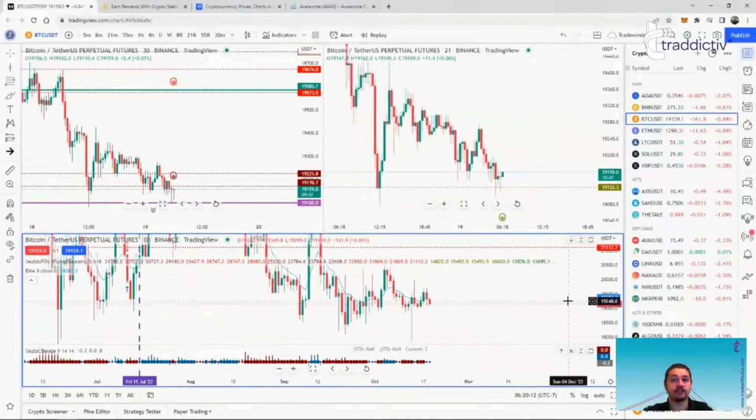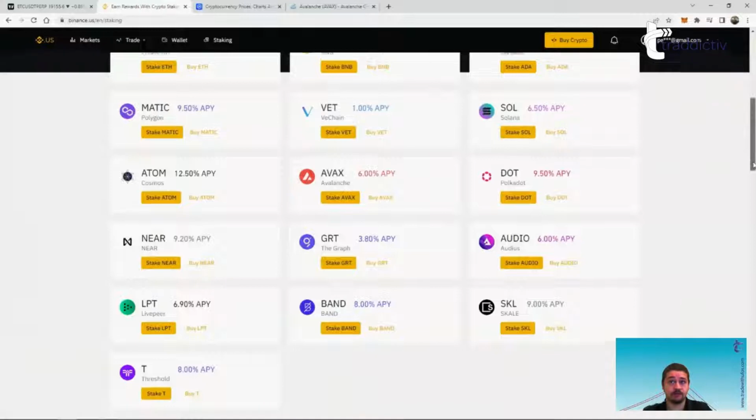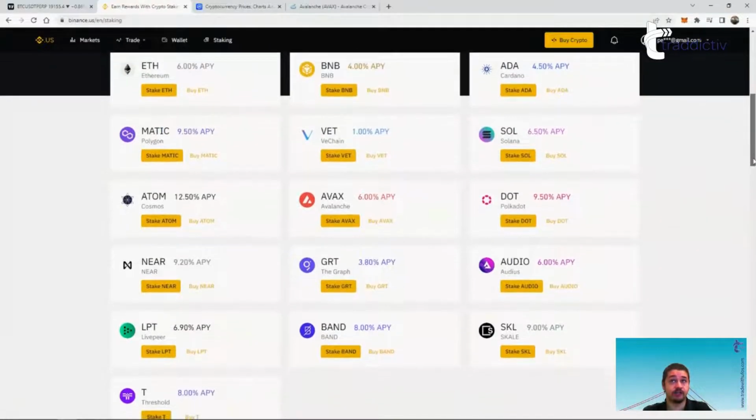which market is outperforming some other ones, and then potentially combine that with some crypto staking that is available on a platform such as Binance. The reason why I want to do this is because I've had quite a few questions come up about the actual calculation, like how do you actually calculate what's going to happen.